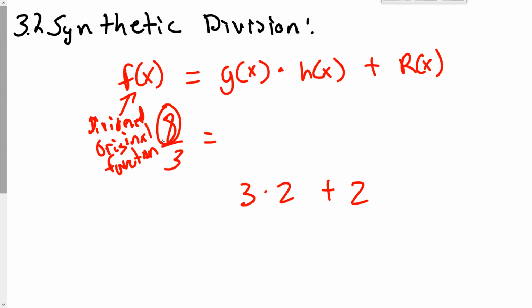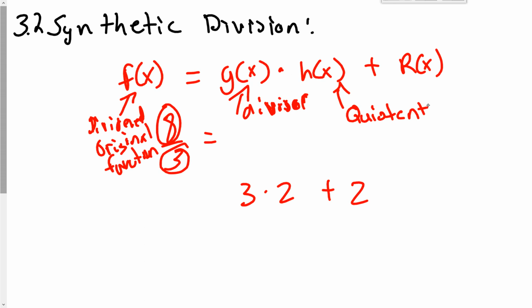Okay, and then we have our divisor, that's what we're actually dividing by, so that'd be the 3, and then this h of x is called our quotient, and that's our answer, okay?